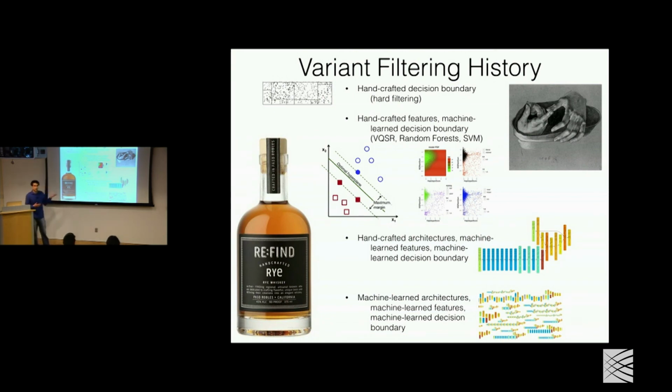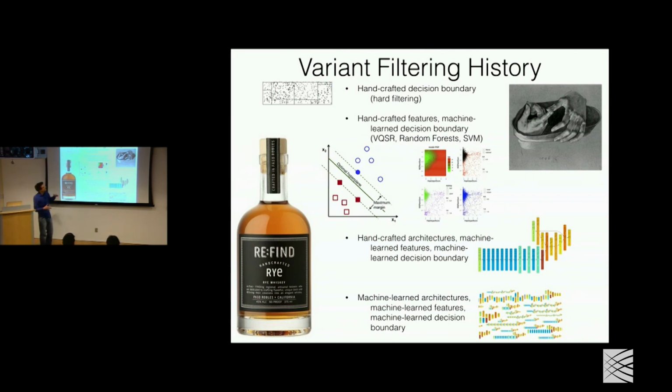But you could also use a support vector machine or random forests. So random forests are sort of like taking those hand-tuned hard filters and automating that. So you just generate a bunch of random hard filters and then learn which collection of hard filters work the best.